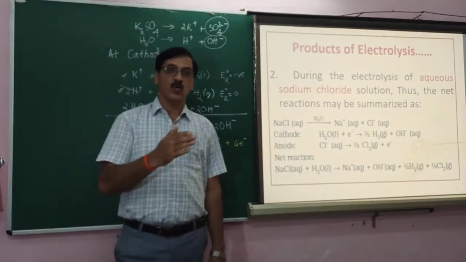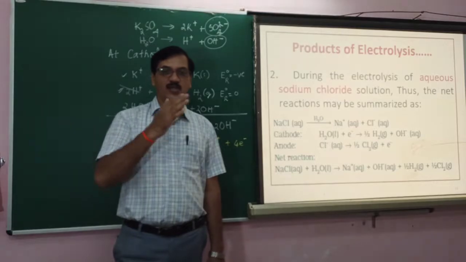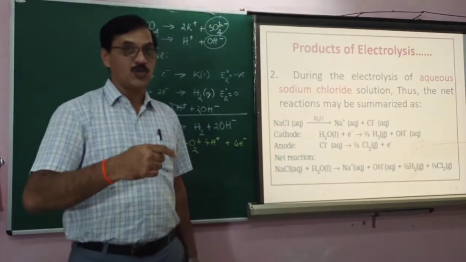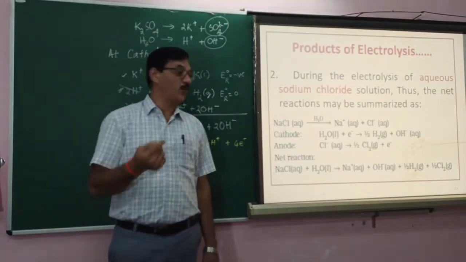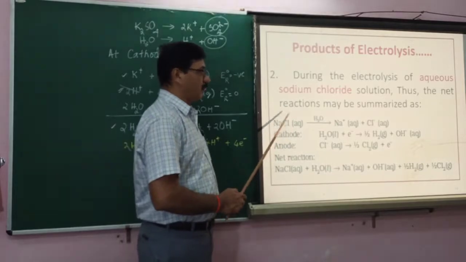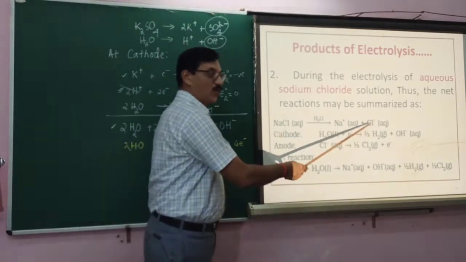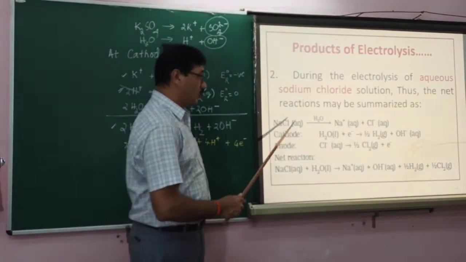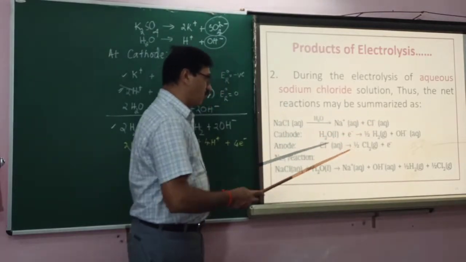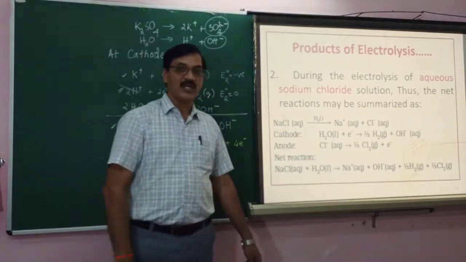That means sodium is deposited at the cathode and chlorine gas is formed at the anode. But if you take an aqueous solution, interference of H plus and OH minus ions will also be there. Now here sodium chloride consists of sodium ion and chloride ion, and H2O is intervening, so at the cathode H2 gas is formed, and at the anode chlorine gas is formed.